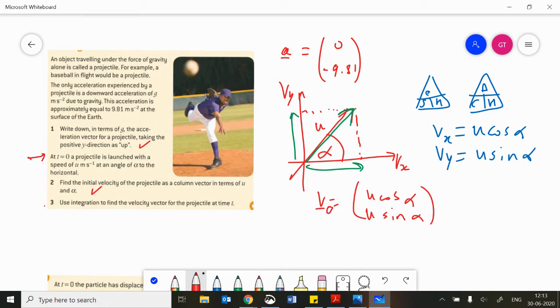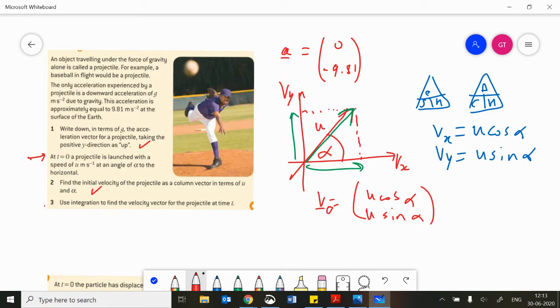Then it says use integration to find the velocity vector for the projectile at time t. Well, we could just think about this to start off with. I'll do the integration in a second, but if this is our initial velocity, in the x direction nothing is slowing down.